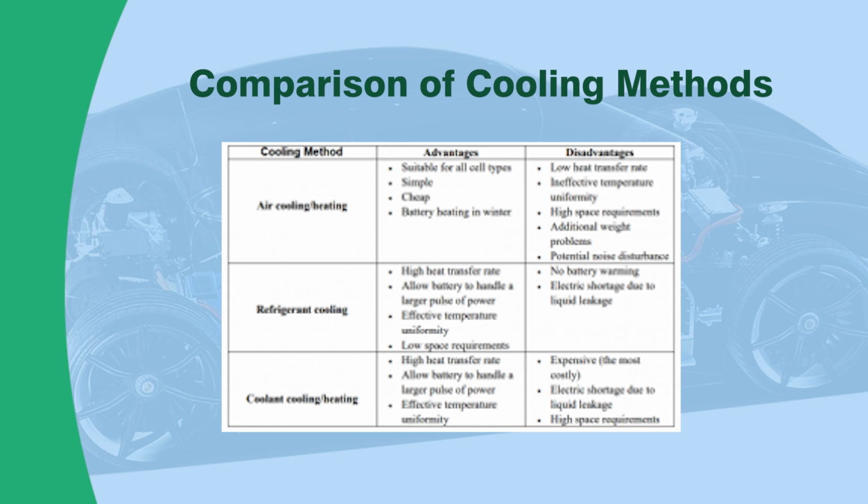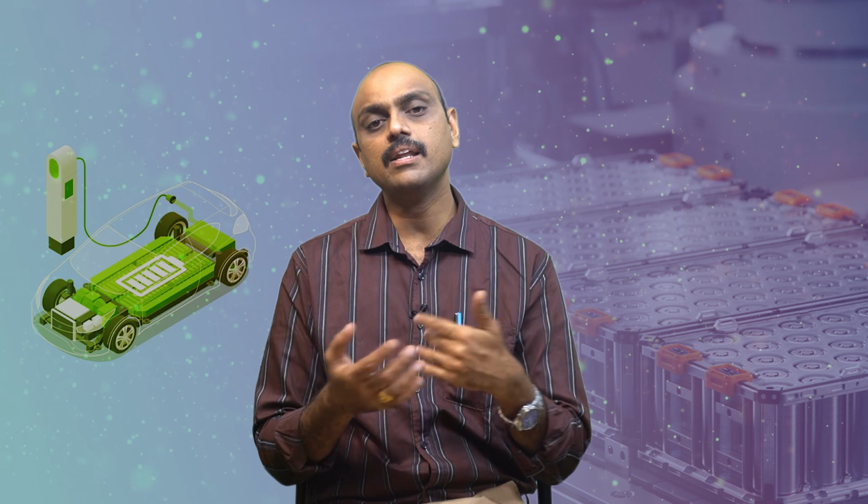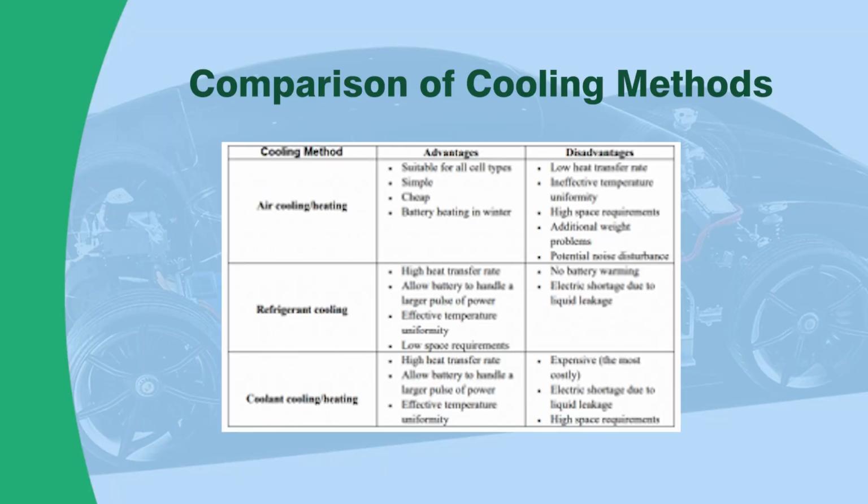However, it is suitable for all cell types, whereas if you use some liquid cooling, in that case it is very effective. However, the indirect cooling method tells us that the uniform distribution of temperature is not proper, whereas in the direct cooling the uniform temperature is very good and it is more effective compared to air cooling. However, the disadvantage is it is a bit costly.